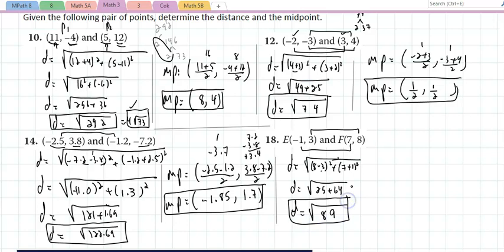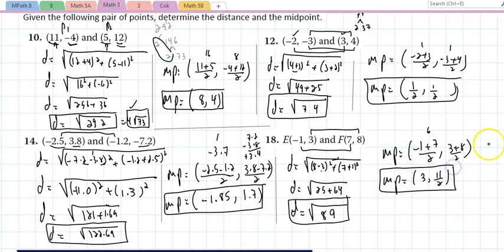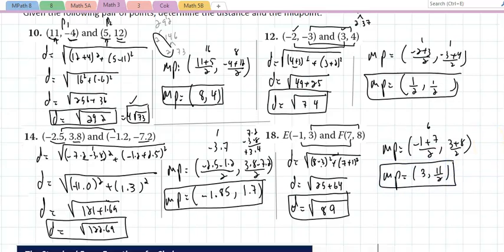There you go. And the midpoint would simply be the first x plus the second x divided by 2, the first y plus the second y divided by 2. Midpoint would be 6 over 2, 3, and that's 11 over 2. You could leave that as a fraction, or you could write 5.5, makes no difference.